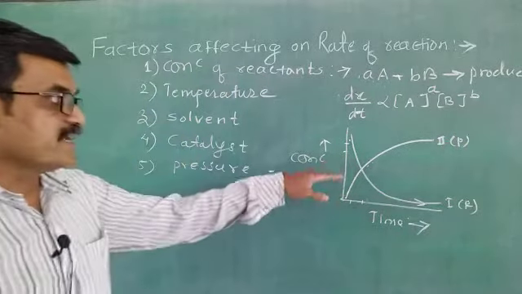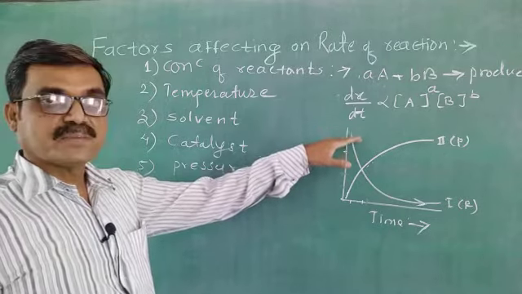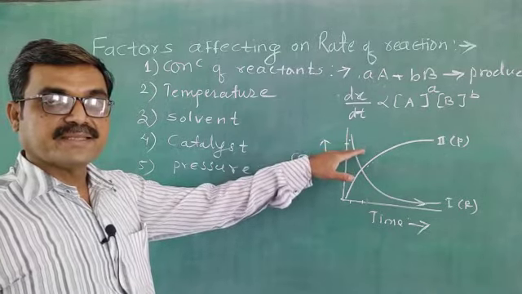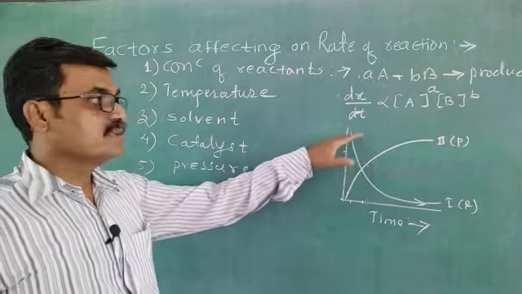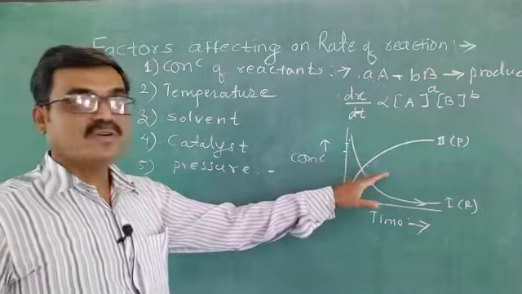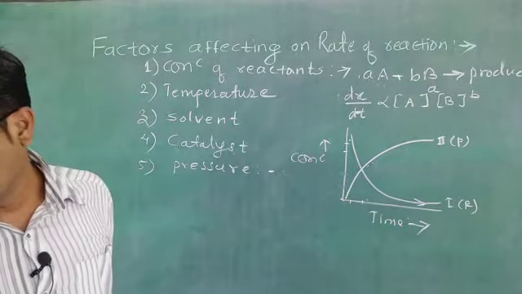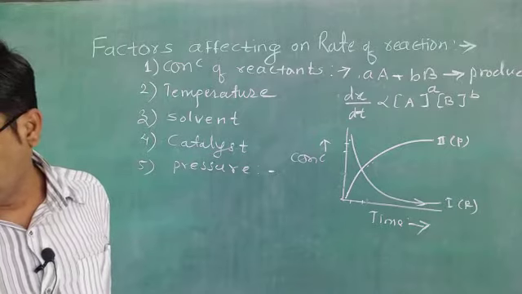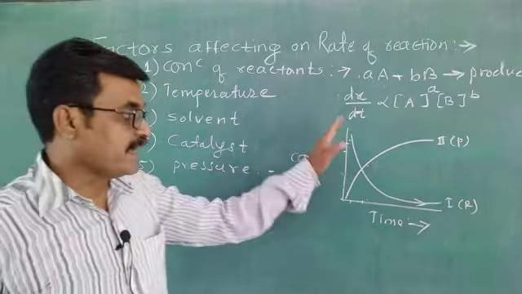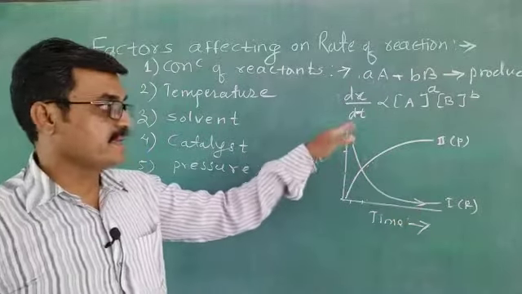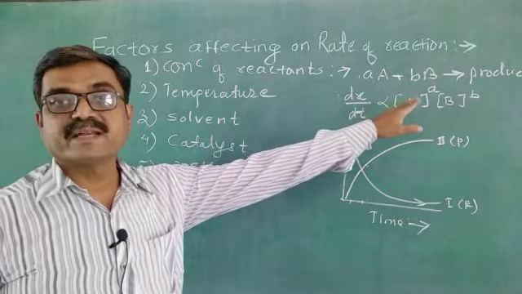From this it is clear that initially the concentration of the reactant is more. As the reaction proceeds, the concentration of the reactant decreases and the rate of reaction decreases. The rate is highest in the beginning and continuously decreases with time. Why? Because the rate is directly proportional to the concentration of the reacting species.